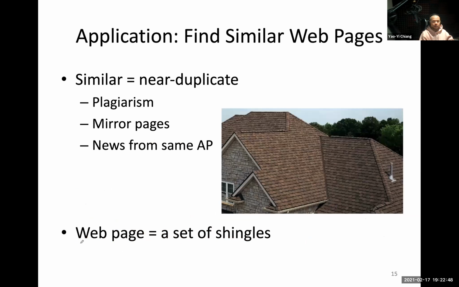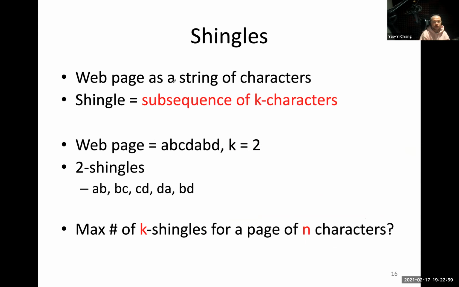We can look at web pages as a set of shingles. What does it mean, shingles? Well, it's actually just a string of characters. A shingle is a subsequence of k characters, and this k is a hyperparameter.